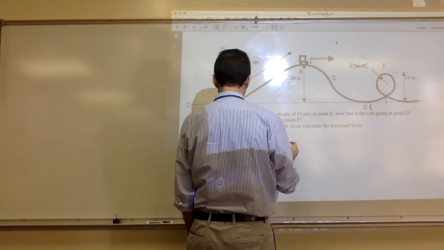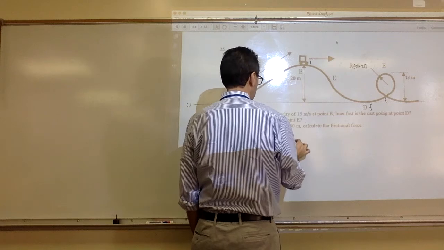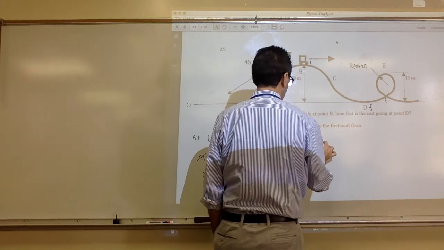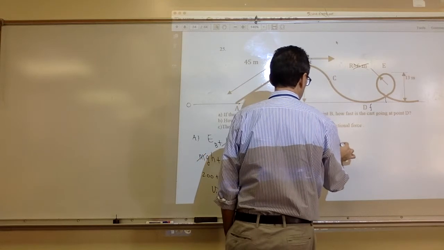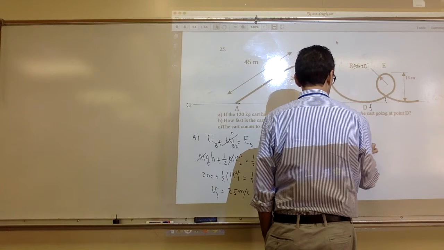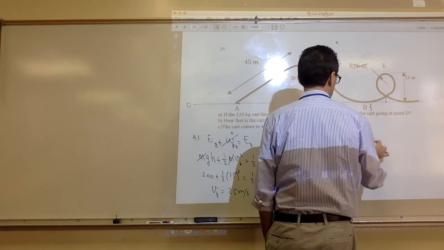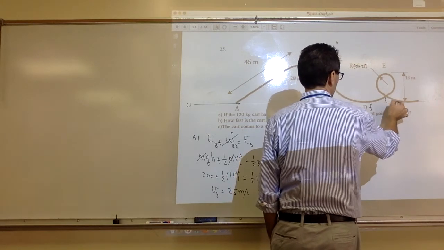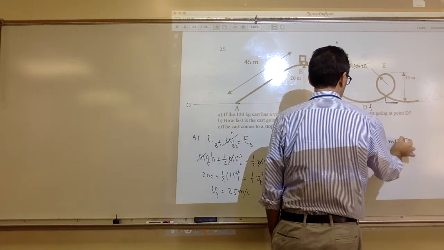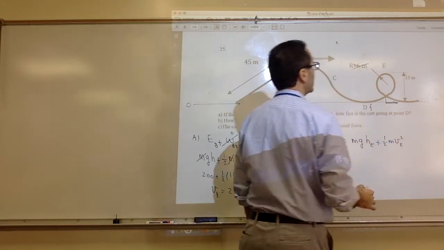So at point B, I have mg, the height of B, plus 1/2 m, the velocity at B squared, equals mg, the height at point E with respect to this line here, plus 1/2 m VE squared.